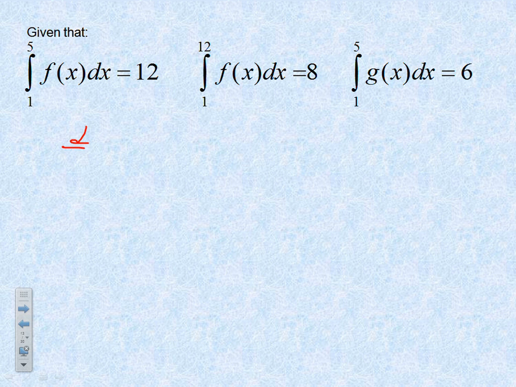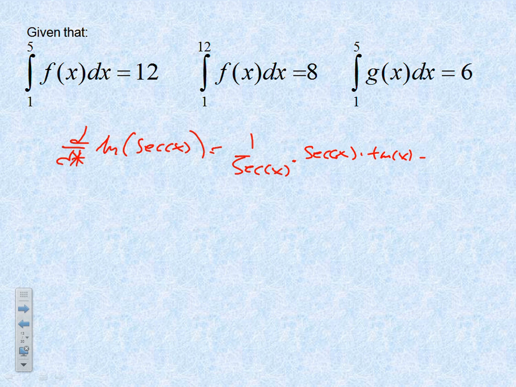Tell me the derivative, d dx, of the natural log of the secant of x. You can do that. Derivative of natural log u is 1 over u times u prime. So that would be 1 over the secant of x times secant of x times tangent of x, which turns out to be simply tangent of x, right?